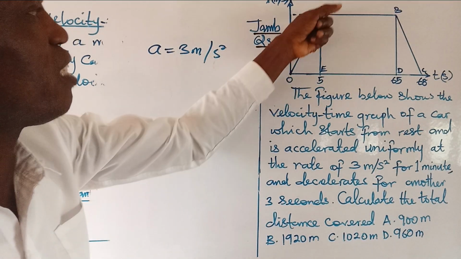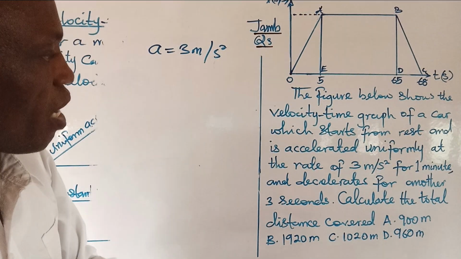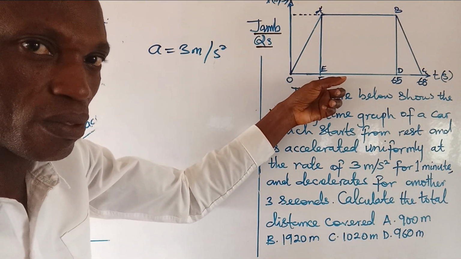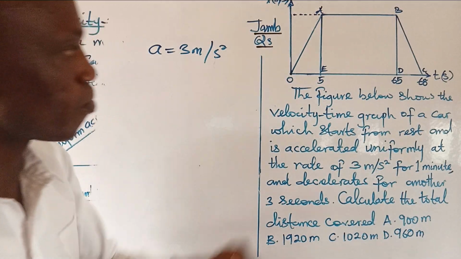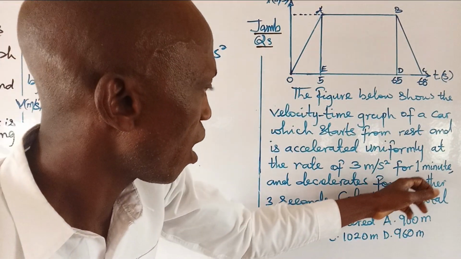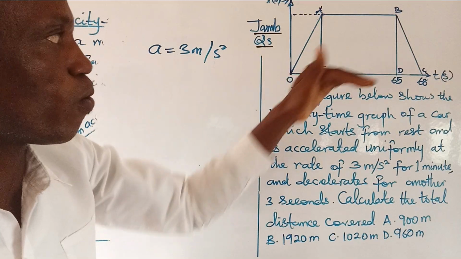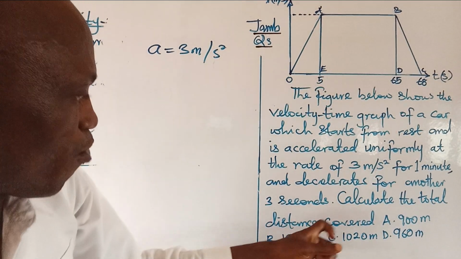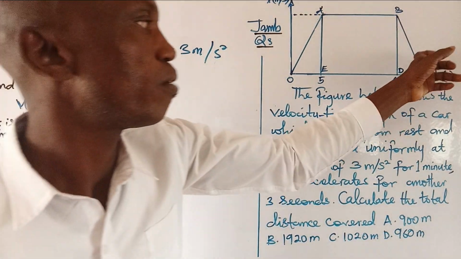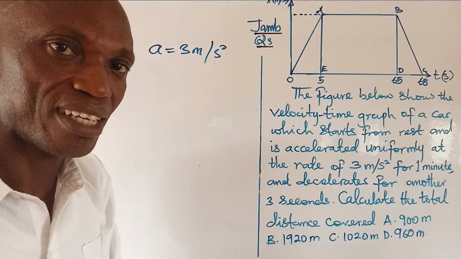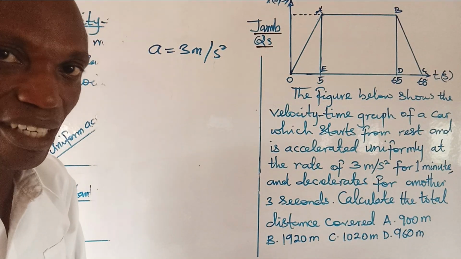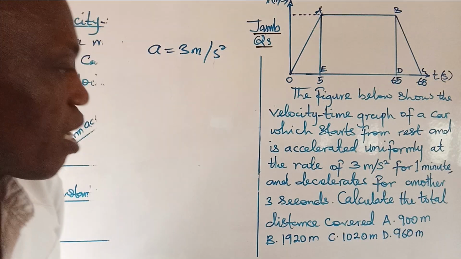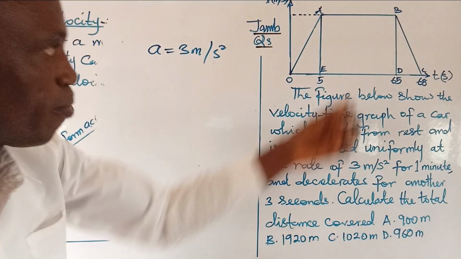During the acceleration for 5 seconds, we have uniform acceleration. For 1 minute, that is 60 seconds, there is constant velocity. For 3 seconds here, the car experienced deceleration, and we are asked to calculate the total distance covered from this graph.